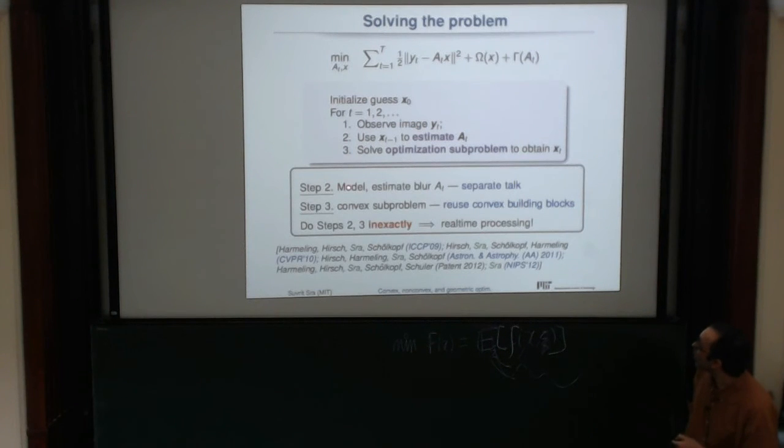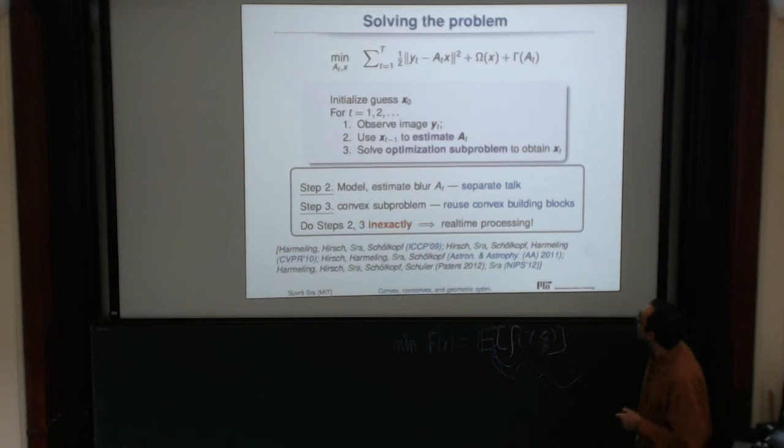Of course, modeling the blur kernel can be a separate talk in itself, because we worked with spatially varying blur kernels, so doing that efficiently, so that you can use the short-time Fourier transform, etc., takes effort. And the convex subproblems are actually constrained convex optimization subproblems.